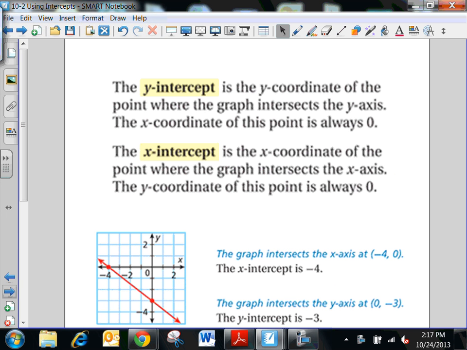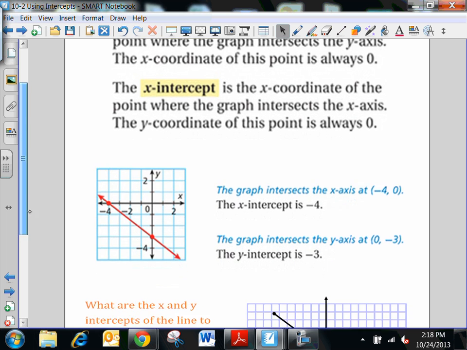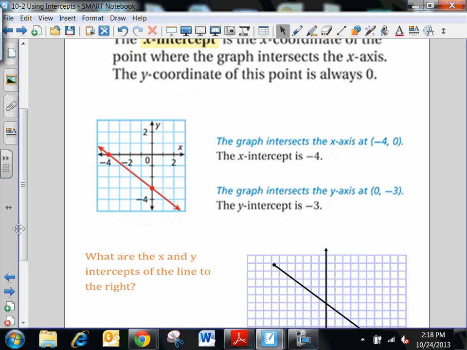So first off, this is the definition of X and Y intercepts. Just the place where your line crosses the X or the Y axis. So here is, make sure you pause this and write everything down. Here is an example of it. The line crosses the x-axis at -4, so we say the x-intercept is -4.